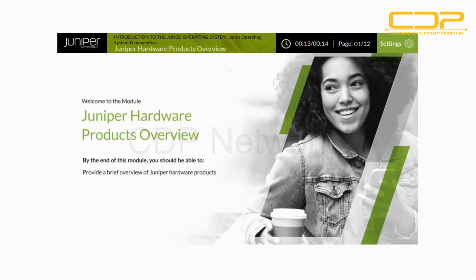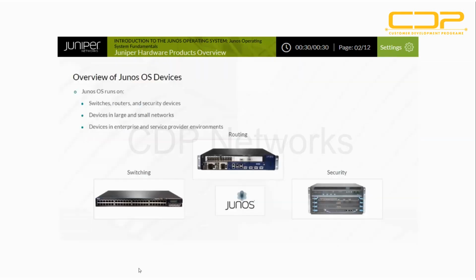So, Juniper hardware products overview. Now we discuss the different devices of Juniper. It may be a router, it may be multiple devices produced by Juniper. See, this is a switching device, this is a routing device, this is a security device. The main three types of networking devices produced by Juniper are switching, routing, and security.